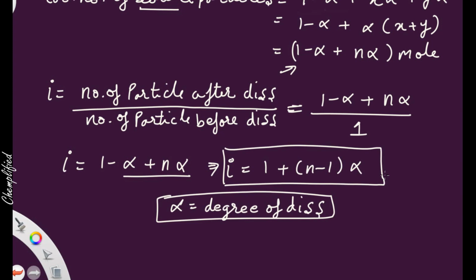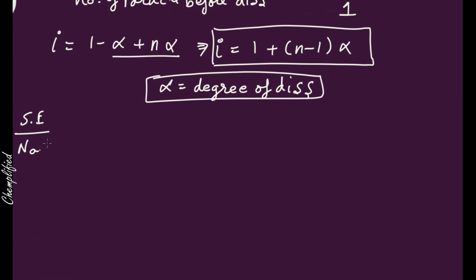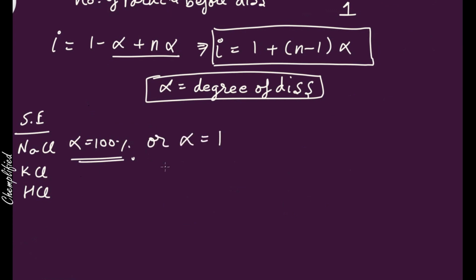Now for strong electrolytes like NaCl, KCl, HCl, for them alpha is equal to 100%, or alpha is equal to 1.